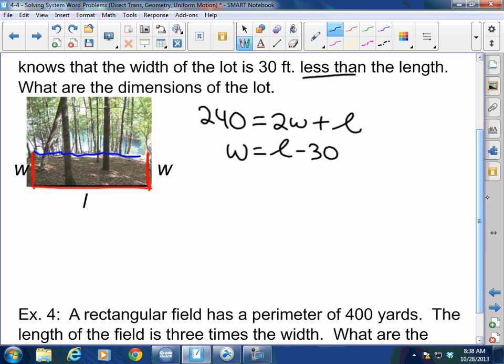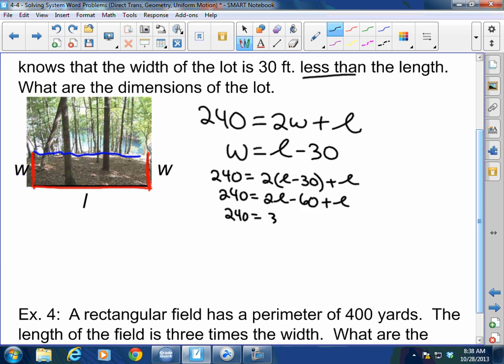Substitution, whoever said that, thank you, it's fantastic. So I've got 240 equals 2 times W, which is length minus 30, plus length. So I've got 240 equals 2L minus 60 plus L. I've got 240 equals 3L minus 60. Add 60 to both sides.